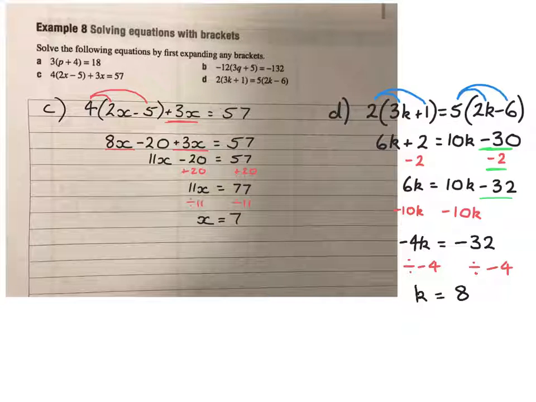Where I've shown my working, like over here where I've put in my minus 2s, and here where I've put my minus 10k and divide by negative 4, this line of working is a really important line. It's showing that you know what you're doing, okay? And I would really like it if you would start ensuring that you include that line everywhere.